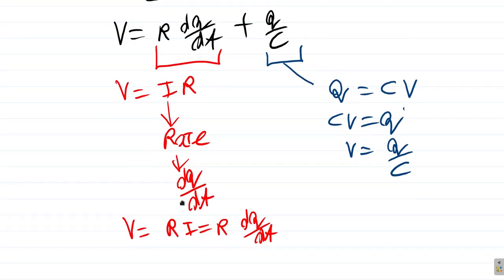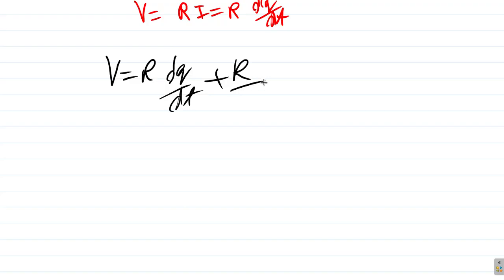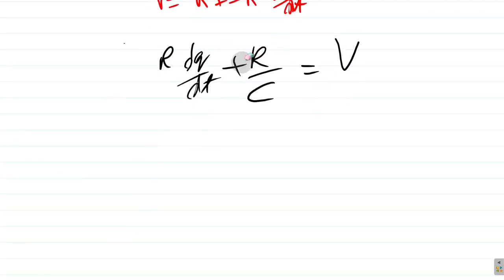V is equal to R dq by dt plus Q over C. Now the thing is, let's rewrite it as it was given originally, is equal to V. Why am I saying R over C? It's Q over C. This is Q divided by C.